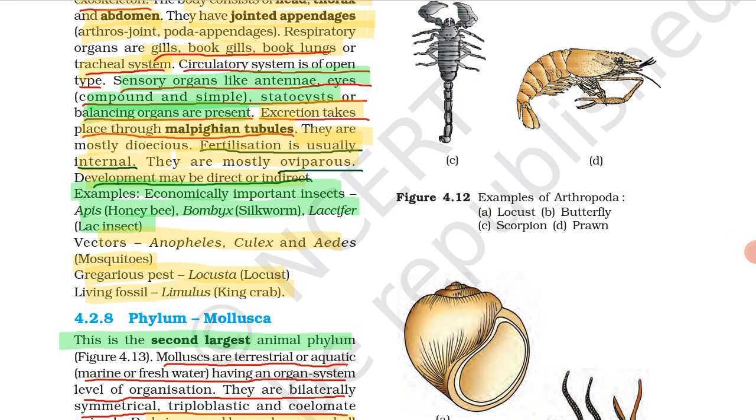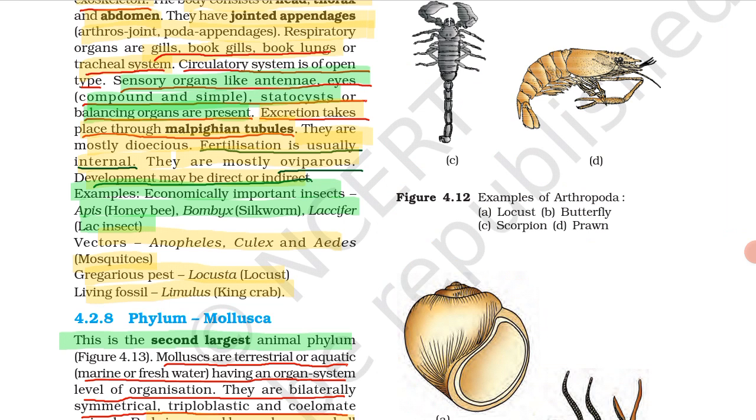Next is gregarious pest, locust, also called Locusta. You have to keep in mind these are all examples of phylum Arthropoda. They may ask a question from anywhere. They may ask, gregarious pest is of which phylum, so you must know it is Arthropoda.